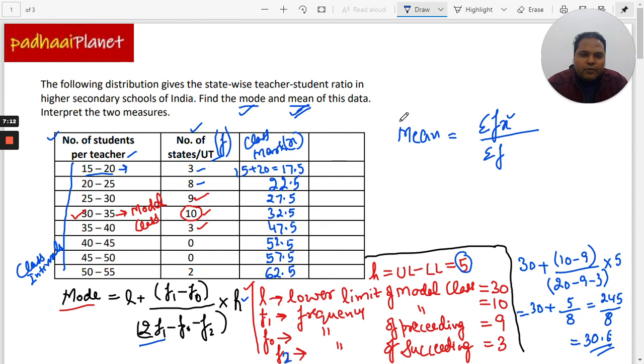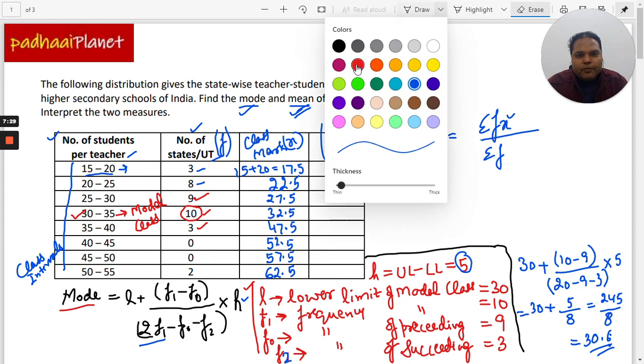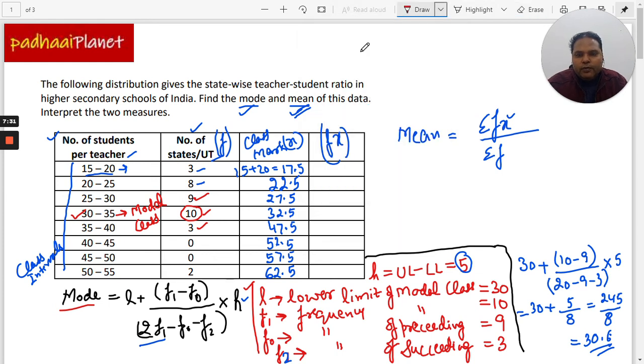Now we need to find sigma fx, so first we will find fx. In this column we will write fx. In this case, fx for the first class is 52.5, because 3 multiplied by 17.5 is 52.5.